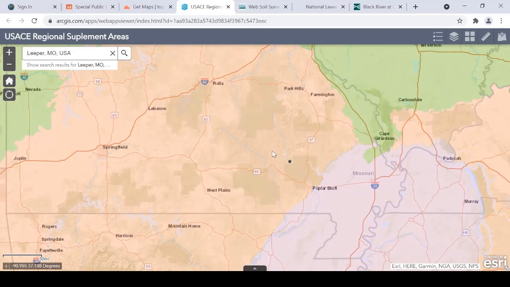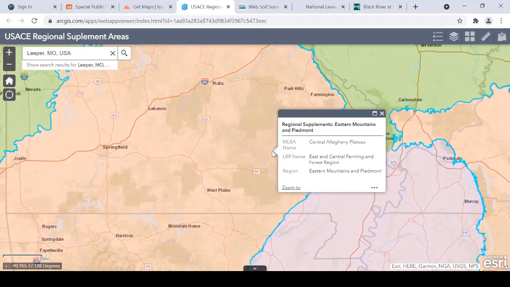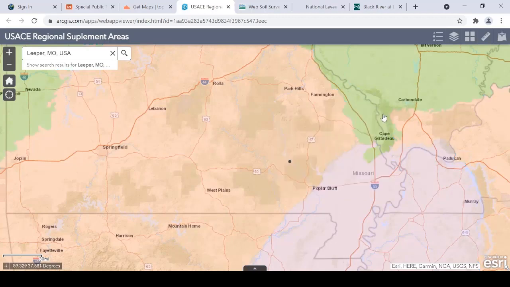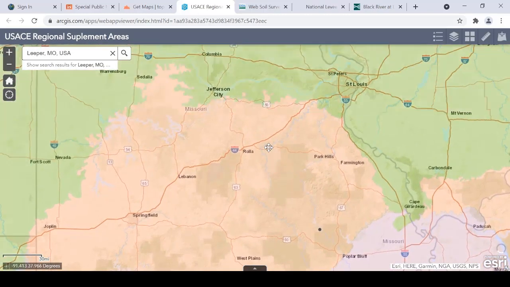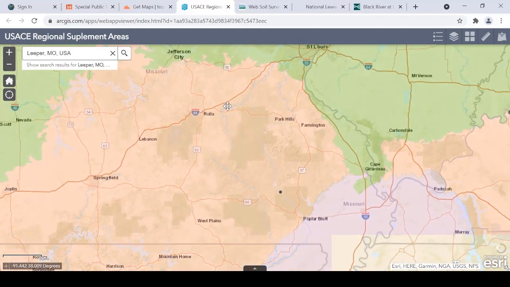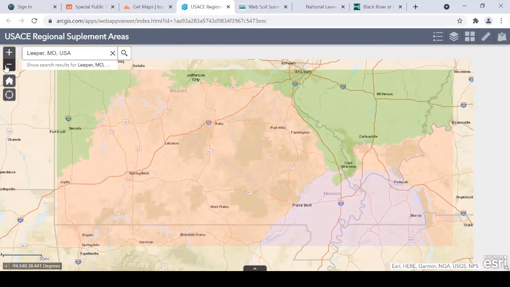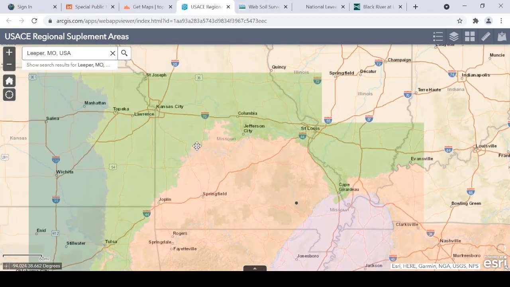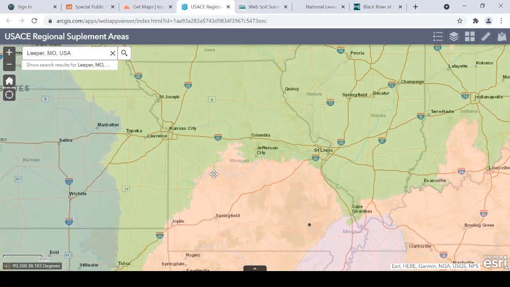This is the Eastern Mountains and Piedmont region. The state of Missouri has several of these supplement areas, so we take a look at this website to figure out which wetland forms we need to use when screening a project. And here's a view of the state of Missouri.